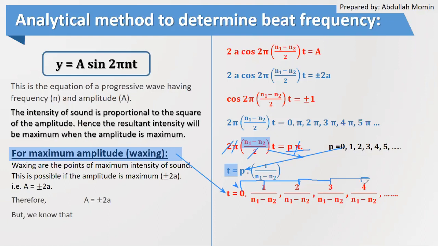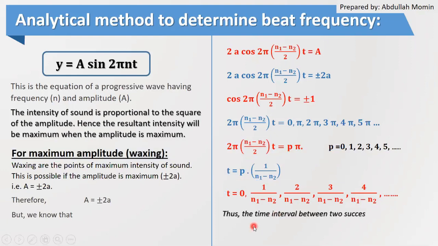How can we calculate the difference? Final minus initial. Thus the time interval between two successive maxima of sound is always t equal to 1 upon (n1 − n2). So this is the time period of waxing.